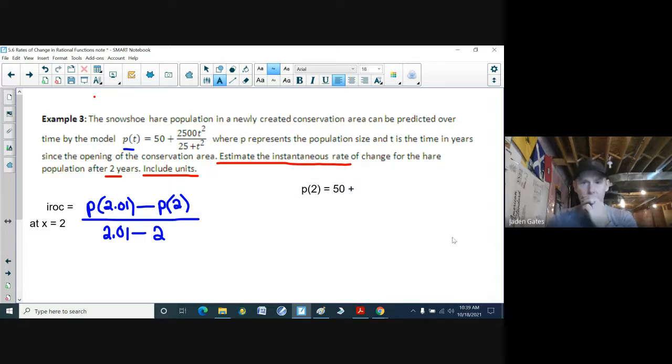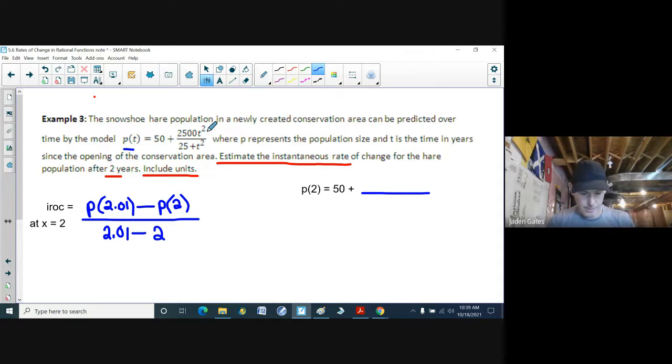plus. All right, so let's see on the top there. Let me get my calculator out. I've got 2 squared times 2,500. So 2 squared is 4 times 2,500, which should just be 10,000. It is. So I have 10,000 on the top here. Put a 2 in the bottom, that's going to be 4 plus 25 is 29.